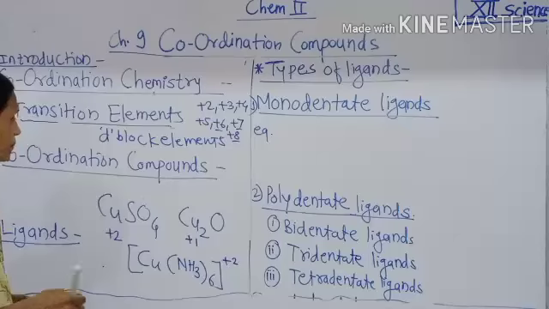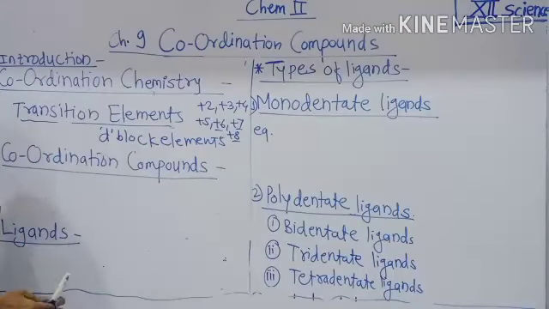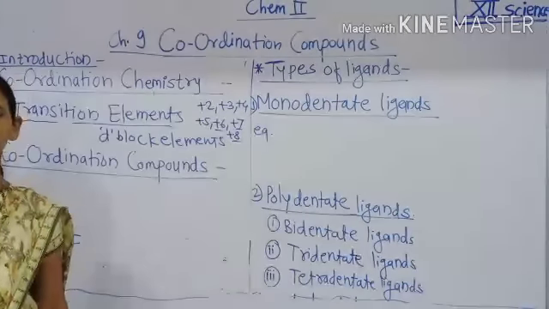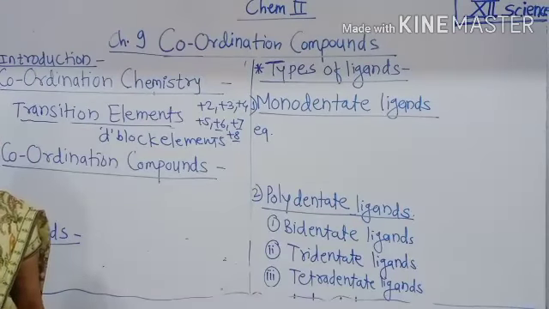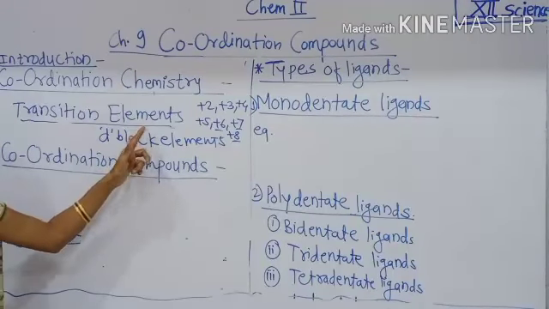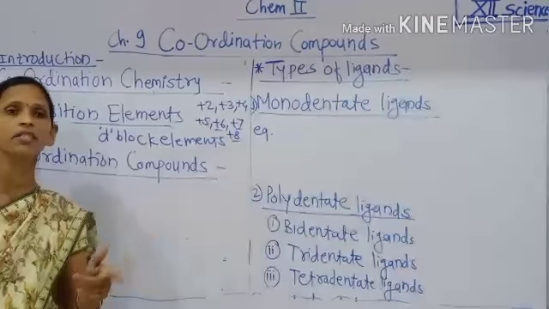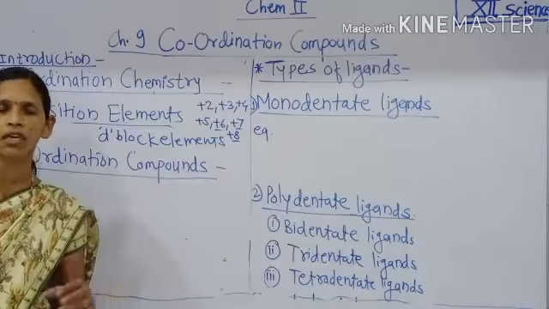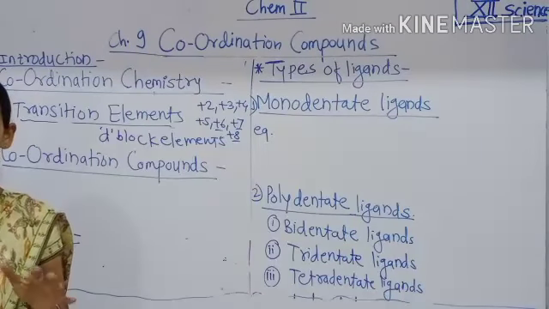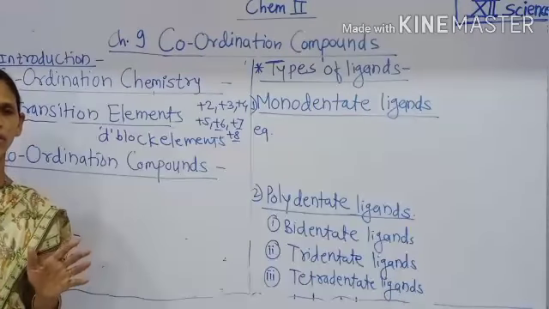Then see here, a few examples of complexes. All of you are aware that complexes are present in plants and animals. Transition elements have a tendency to form complexes in their higher oxidation state, as well as other elements like inner transition elements, lanthanides and actinides, which have also a tendency to form complexes in their higher oxidation state.